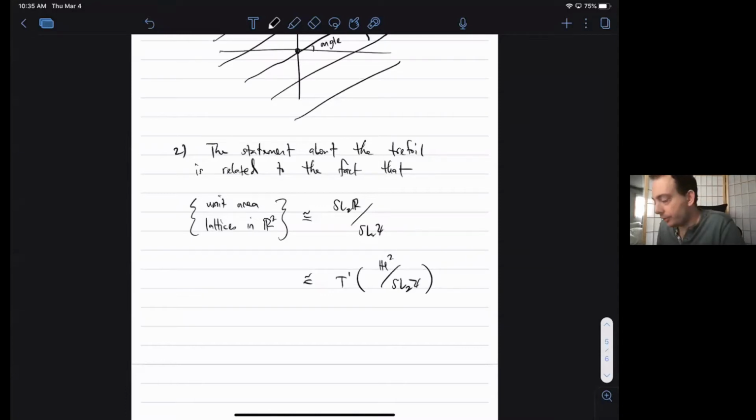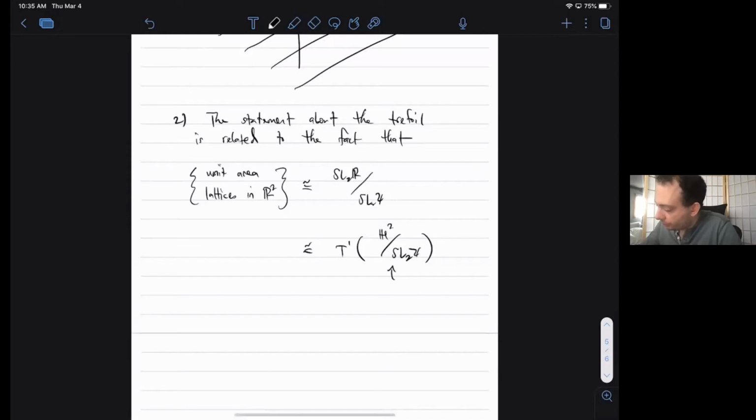You look at SL2R acting on the hyperbolic plane via fractional linear transformations, and the unit tangent bundle to H2 is identified with SL2R. So if you take the quotient by SL2Z, then you get the unit tangent bundle of this.